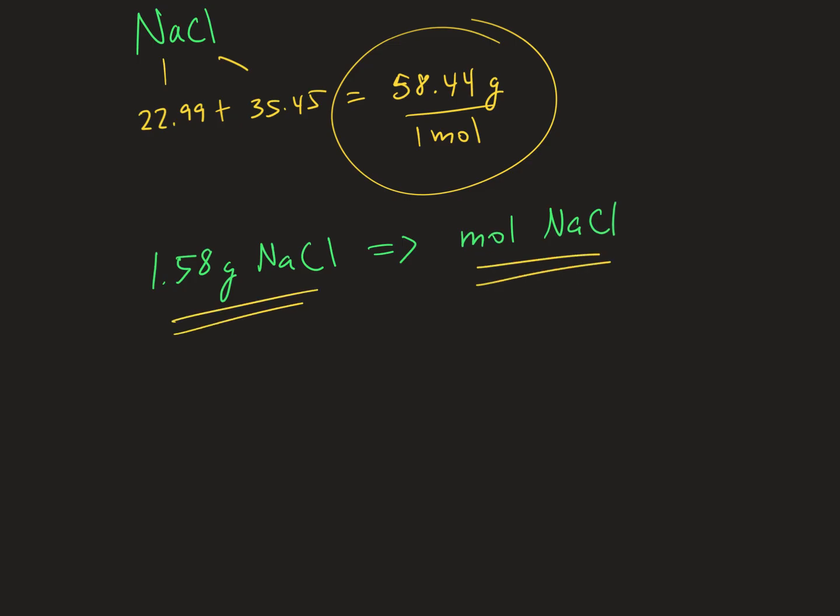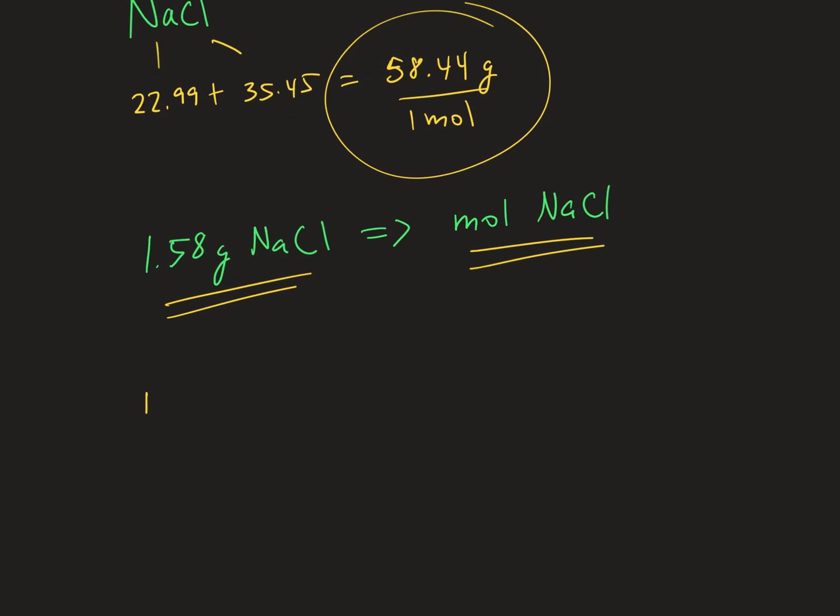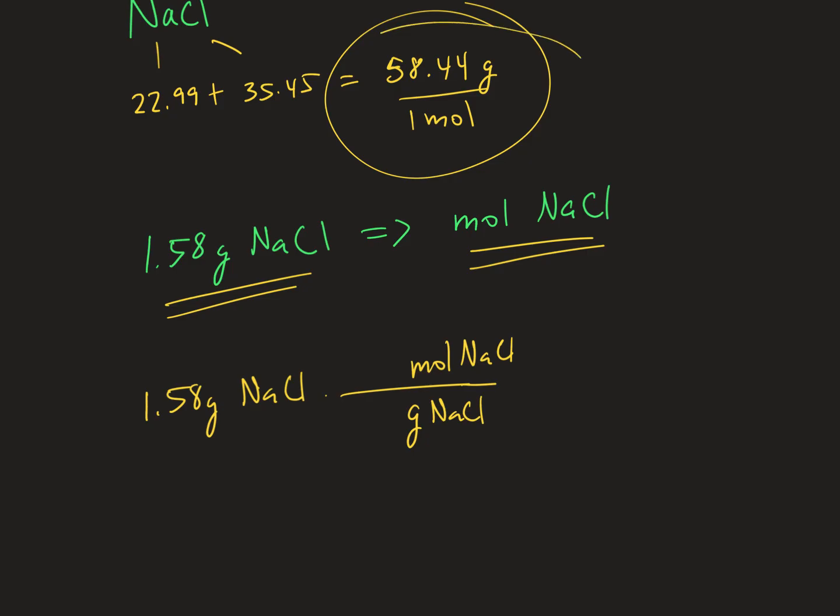So start with what we know and convert it. 1.58 grams of sodium chloride. Do I want grams of sodium chloride in my answer? Nope. Goes on the bottom. Moles on top. And what's the conversion factor? That we just figured out, but the flip version of it, right? If we have 1 mole, we have a mass of 58.44 grams of sodium chloride.